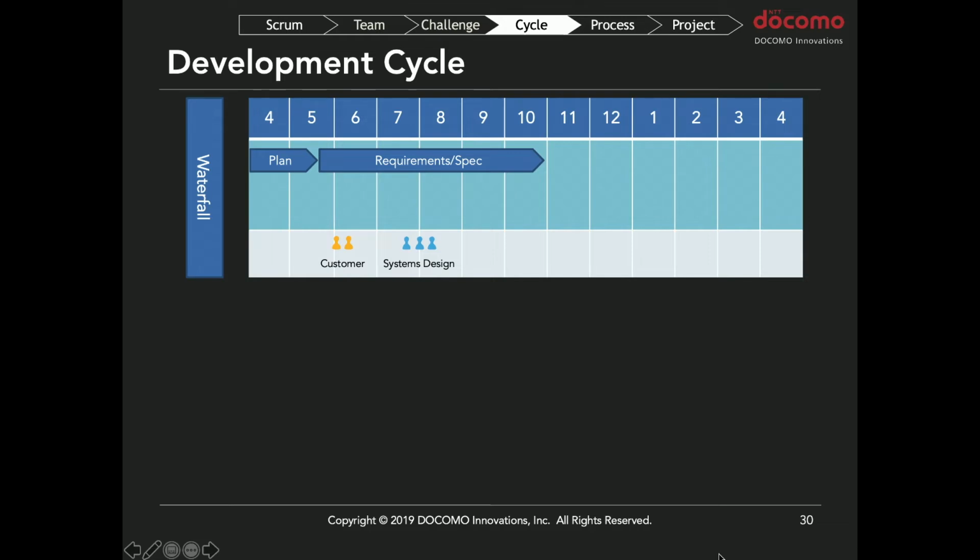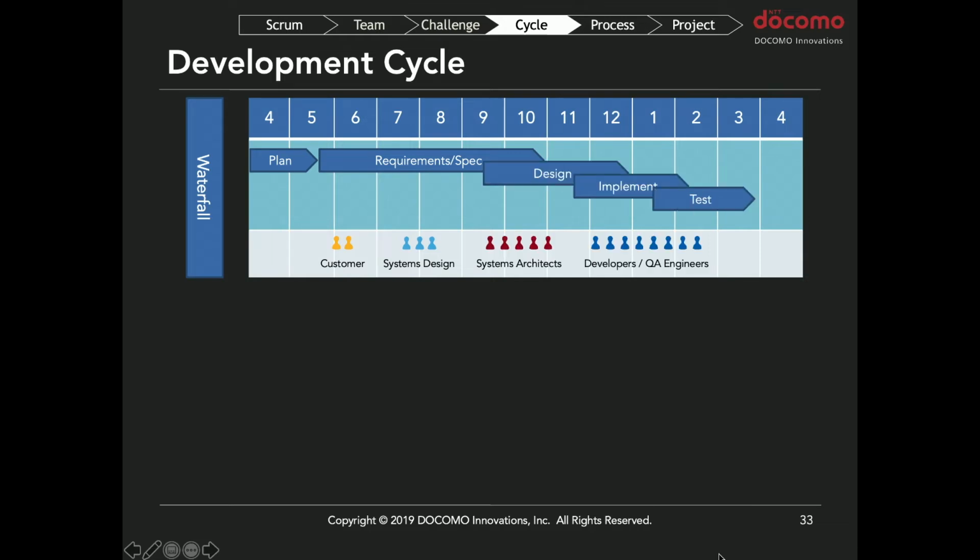In that case, we need to have the plan, the requirement and the specification, the design, and then implement, test, and release. That is a very, very long-term contract, long-term development, because the government or other large enterprises have an annual budget.